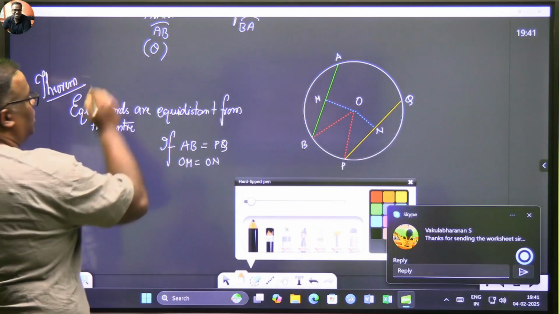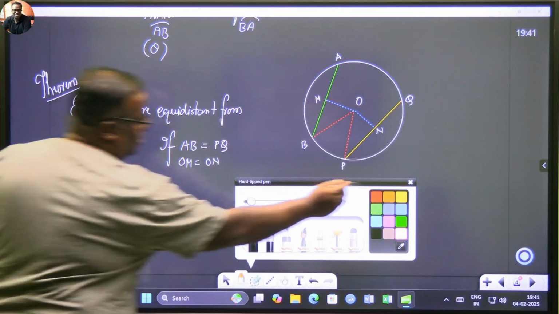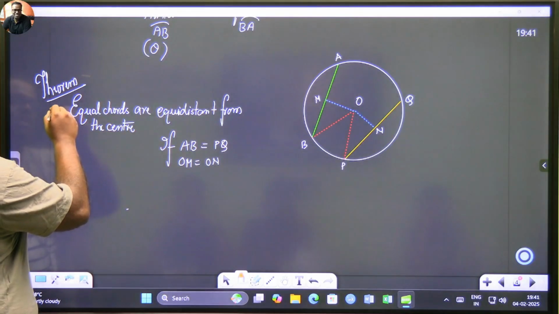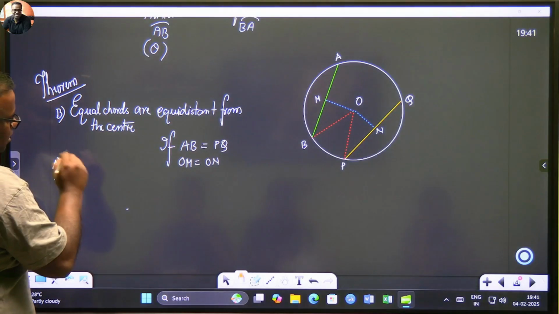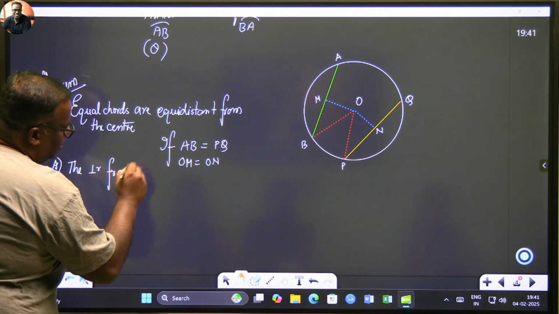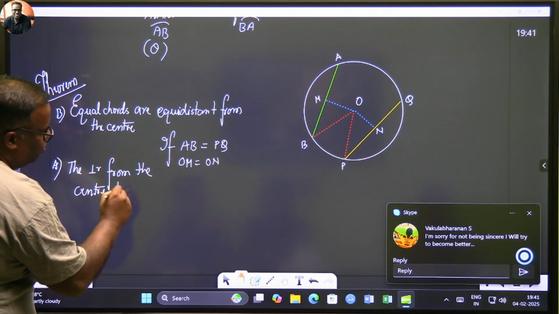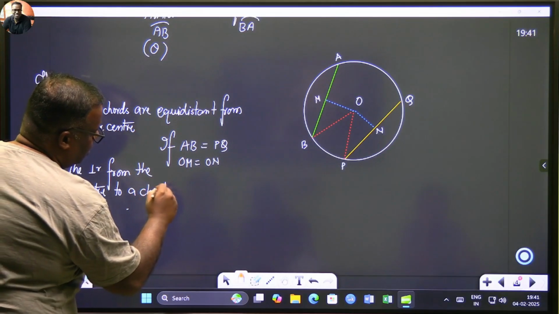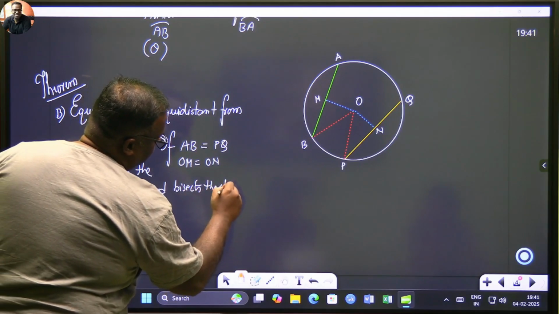The one that is before this is, if I can take this as say B, I should have had an A. The A is the perpendicular from the center to a chord bisects the chord.